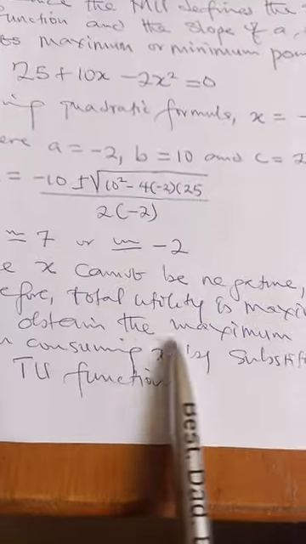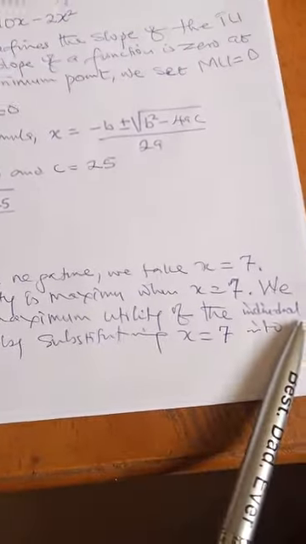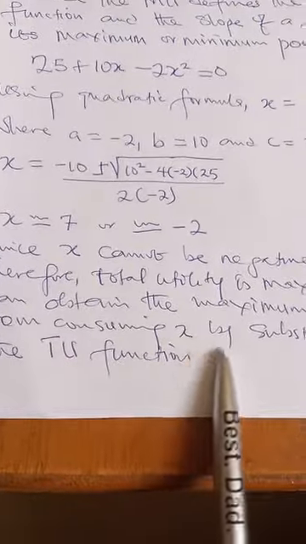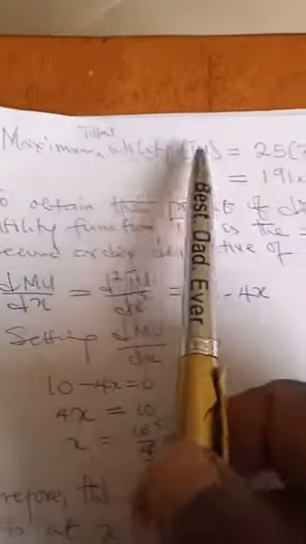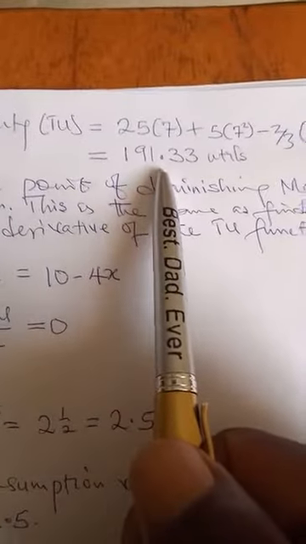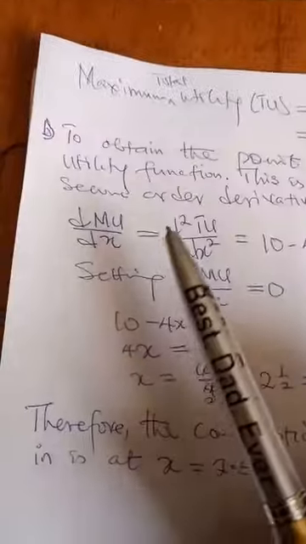We obtain the maximum utility of the individual from consuming s by substituting s equals 7 into the total utility function. Having done that, the maximum total utility TU, when you substitute, you will get 191.33 utils. That's the first part.